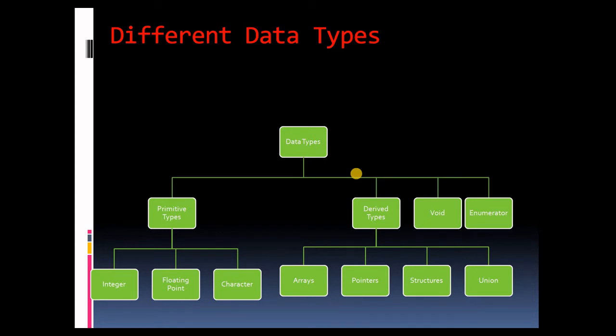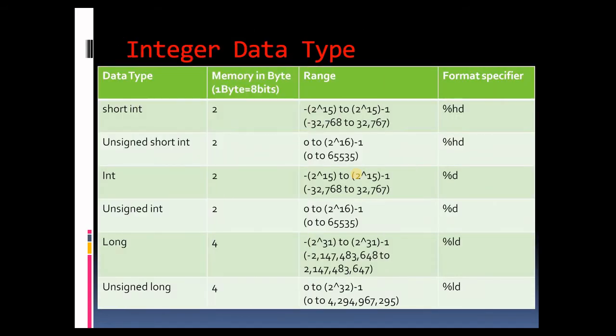What are the different types of integer that are available, what is the memory that would be occupied for it, and how can we access it? These are the integer data types that are present in C language. Take short int: by default it would be assigned as signed short int, and the memory occupied would be 2 bytes.